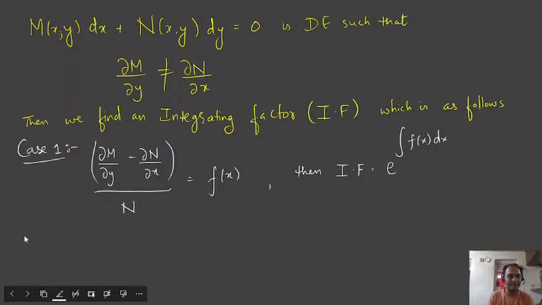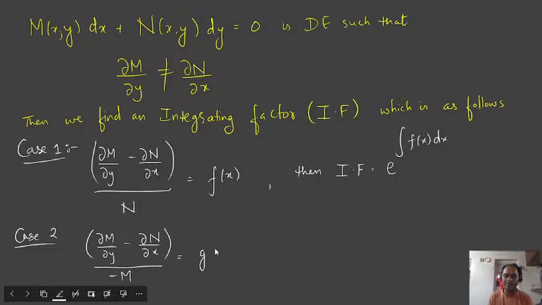Now there is case 2. Case 2: you keep the same numerator, there is no harm. You have dM/dy minus dN/dx, no change, and divided by minus M, and you must get a function of y alone.